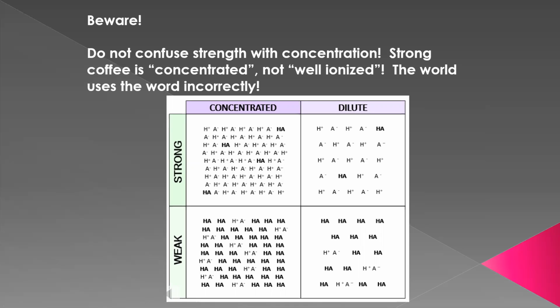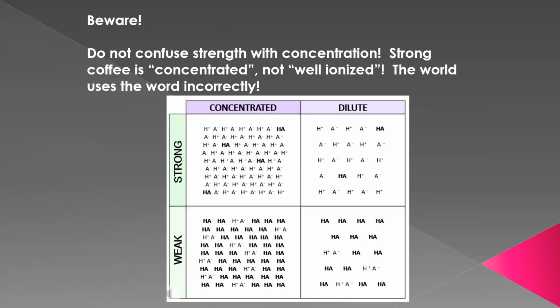Now we're going to go across the rows. Here is strong, and these are all acids, and it works the same with bases, so I'm just showing acids. Look at the left versus the right. There should be something in common. We know that the amounts are different. That's not what we're looking at. That was concentrated and dilute.